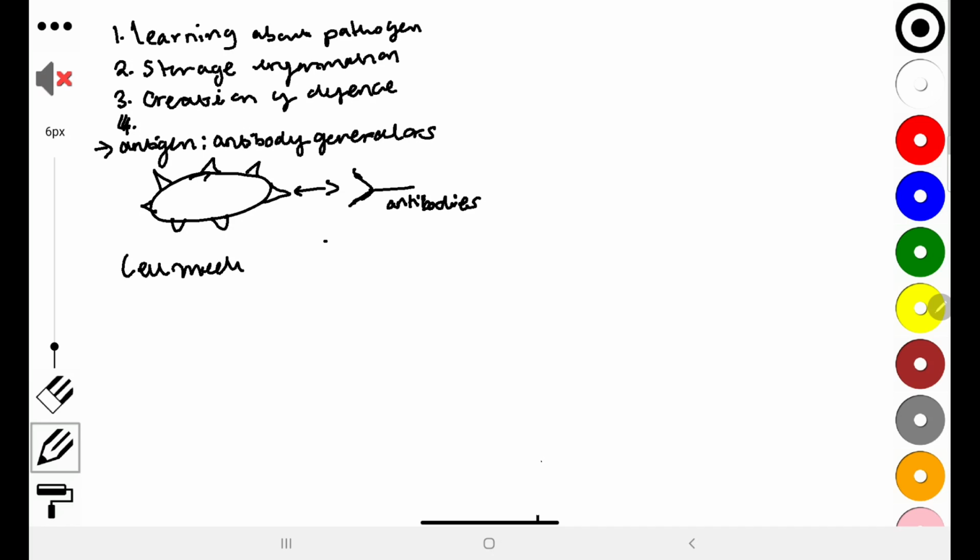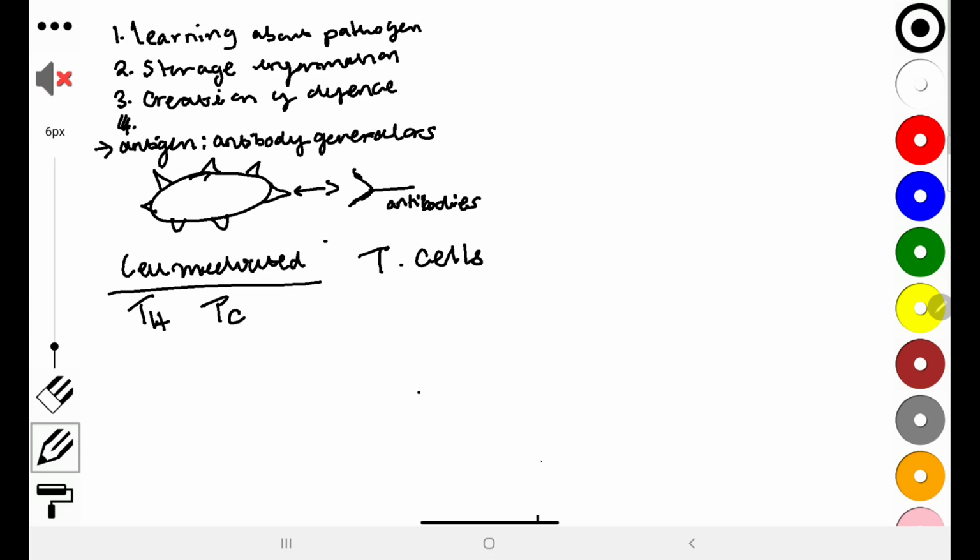So to start with, we will look at the cell-mediated response. So in the cell-mediated response, we are mainly looking at the involvement of T cells. Now, there are different types of T cells, and these include helper T cells, okay, and then cytotoxic T cells as well.